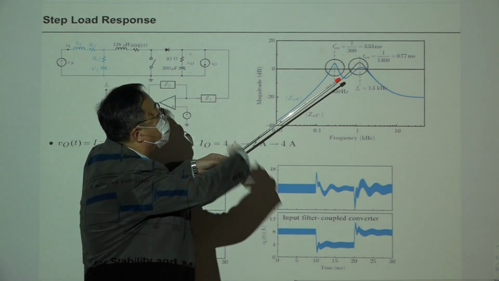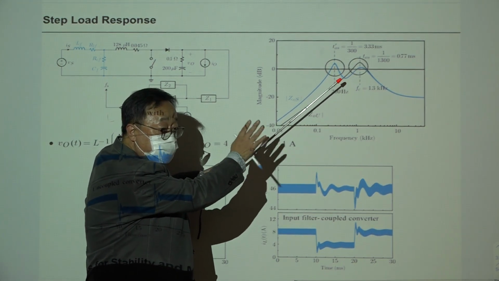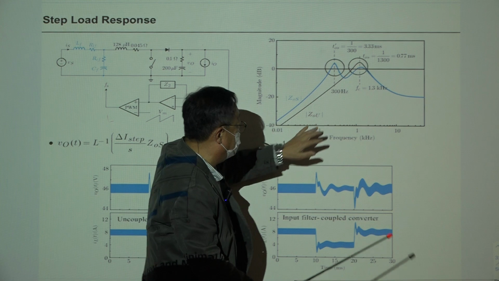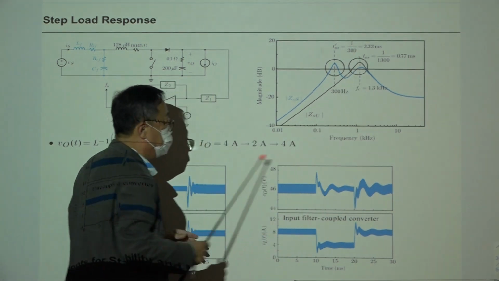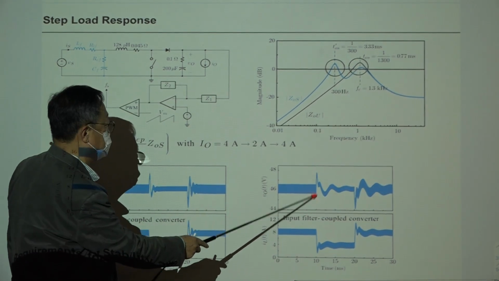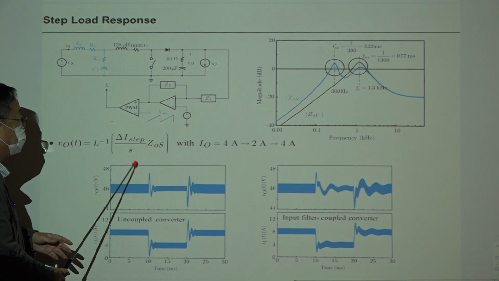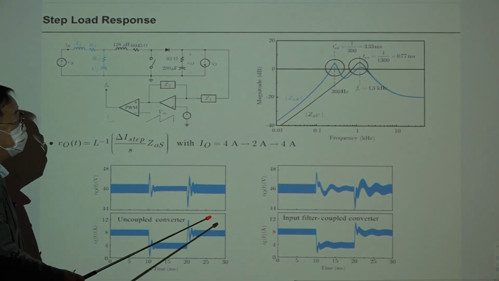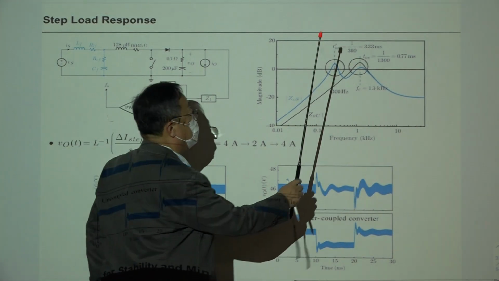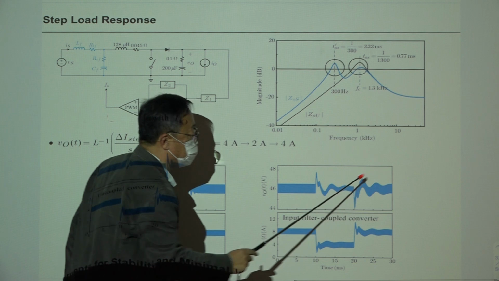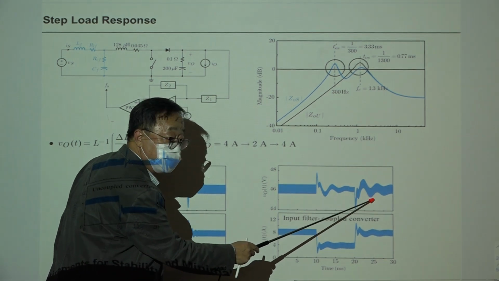But if the input filter is coming in, then the output impedance has this original peak here. It was there in the uncoupled condition with the input filter, maybe somehow reduced, but still there is a peak. So this high frequency oscillation is similar to the previous case, but in addition to that, you have this other low frequency peaking, which produces this one, okay?